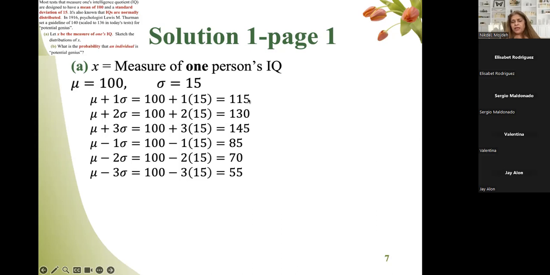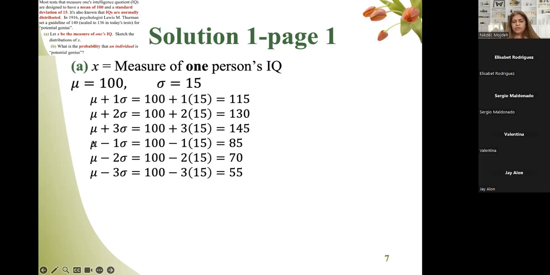In other words, I can add 15 to 115, I get 130, which is mu plus 2 standard deviations. Then if I add 15 to 130, I get 145, which is 3 standard deviations from the mu. Then I go 1, 2, and 3 to the right. Then I go 1, 2, 3 to the left, minus sign.